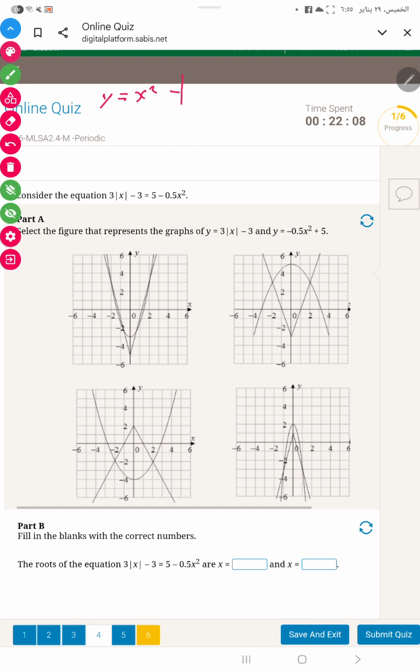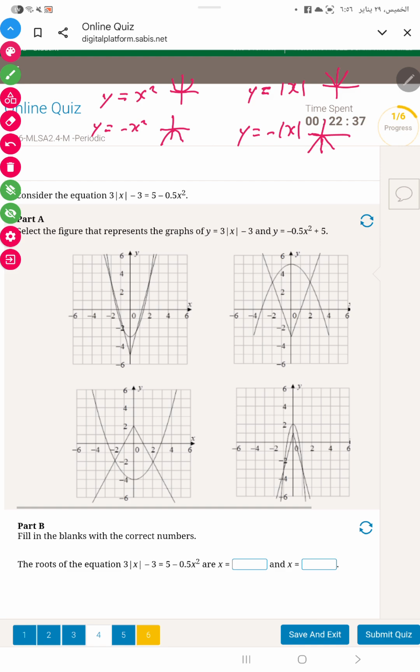This is a parabola, curvature upward, while y equal negative x squared is a parabola, curvature downward. And y equal absolute value of x is a V-shaped function like this. And y equal negative absolute value of x becomes like this.